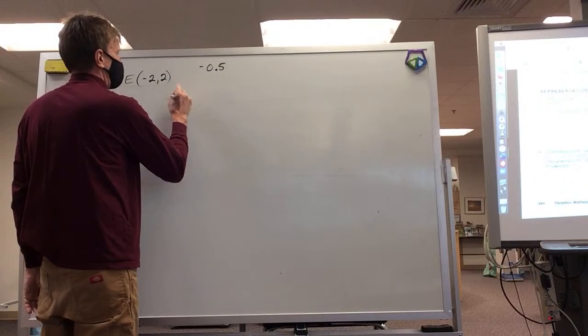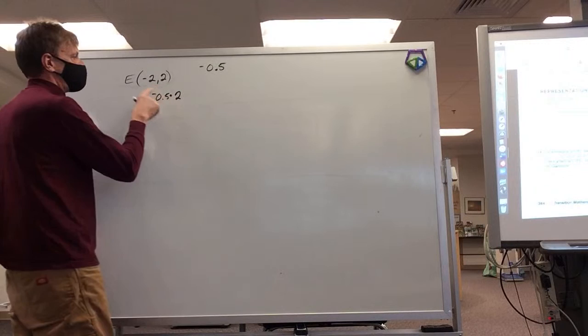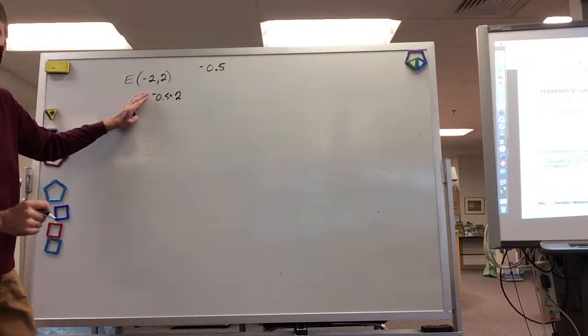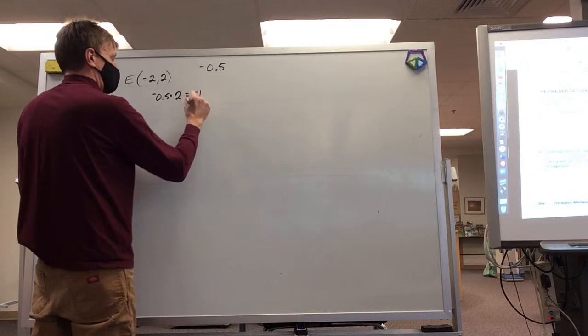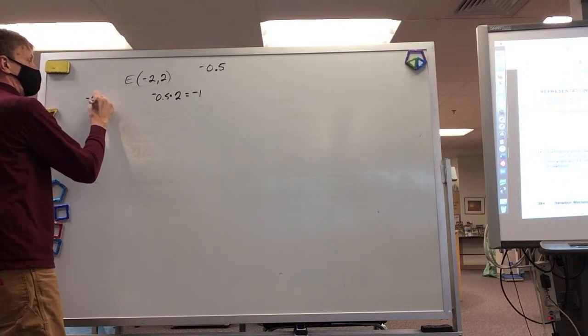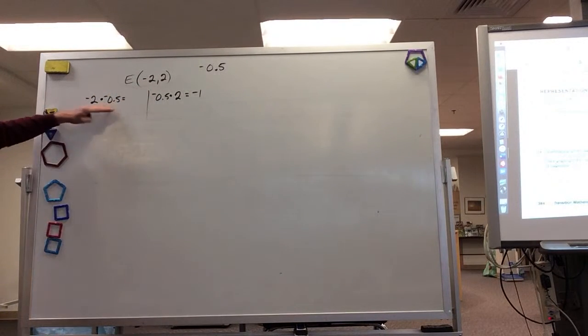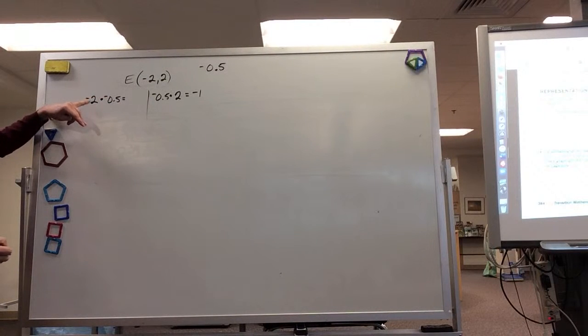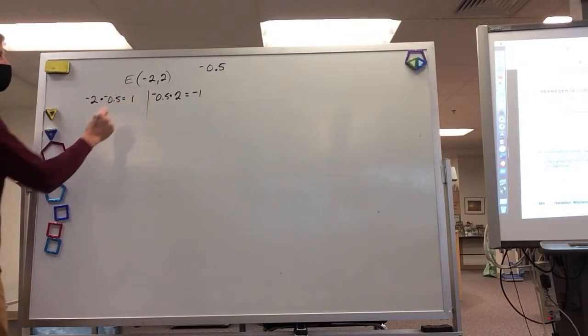So if we did 0.5 times 2, it would be 1, but it's a negative 0.5, so that's a negative 1. And the negative 2 value is going to be half as big, but it's going to be the opposite sign. So half of 2 is 1, but instead of being a negative 2, it's going to be a positive 2.